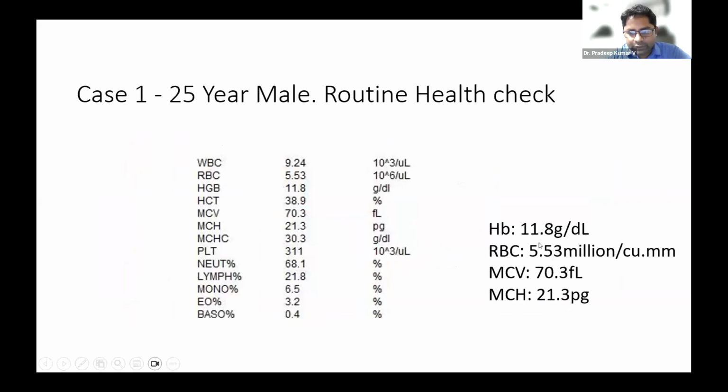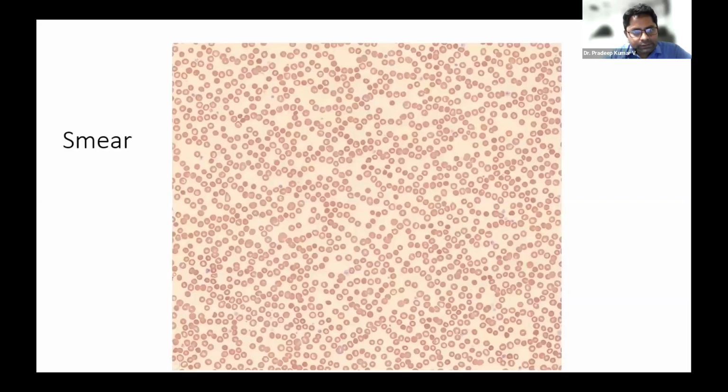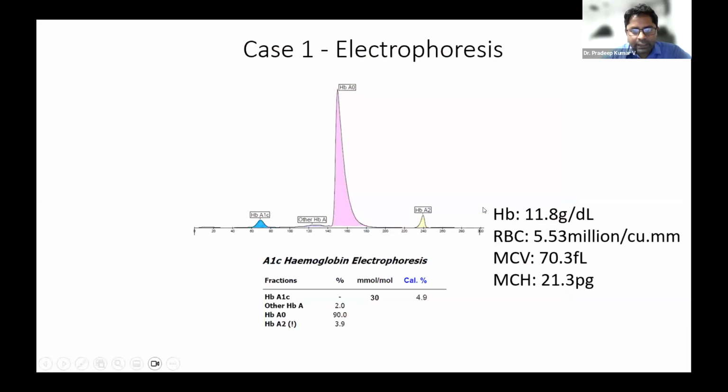We are looking at MCV low, RBC on the slightly higher side. PS looks fairly fine. We can appreciate a lot of microcytic hypochromic cells. For this patient, we also ran the A1C because that was requested as part of it.